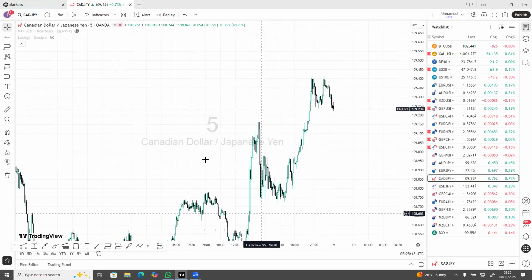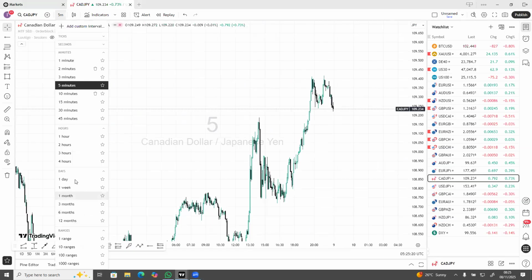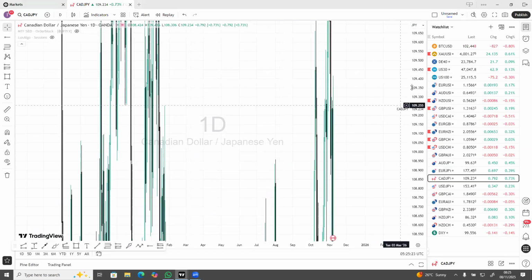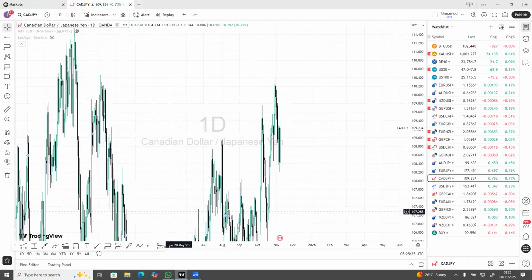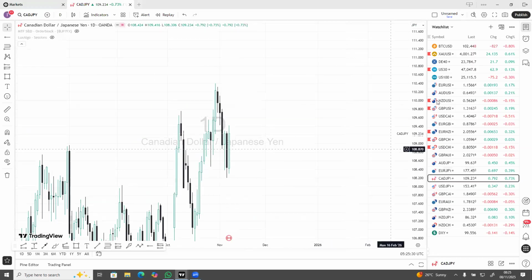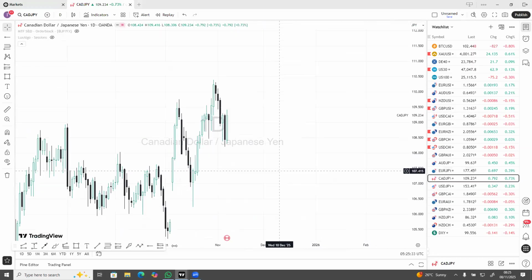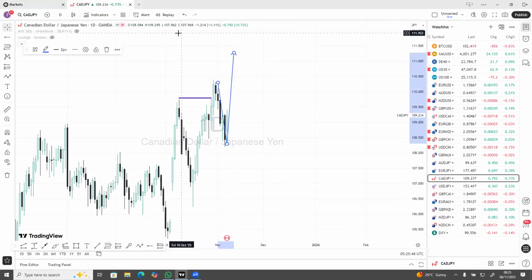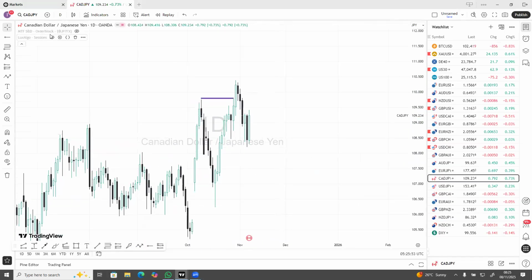On JPY, on the daily time frame, you can see there is a break of structure, meaning continuation of the upward trend, and then we can assume that this move was a corrective move, and then we are supposed to find the impulsive move.